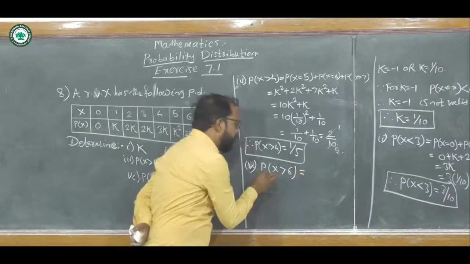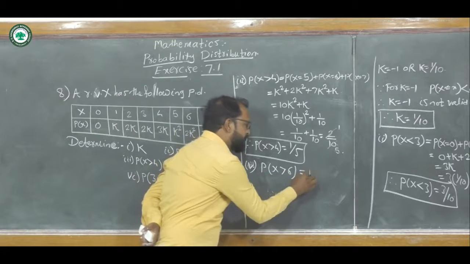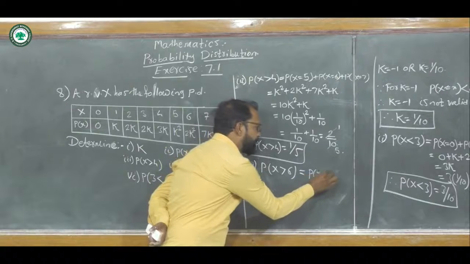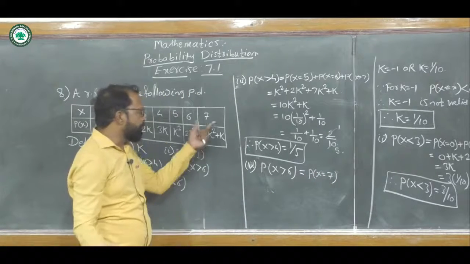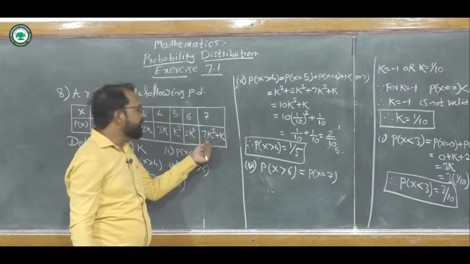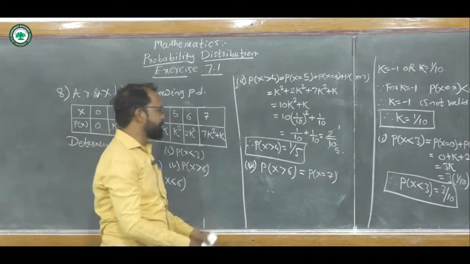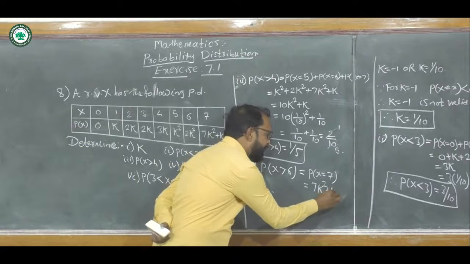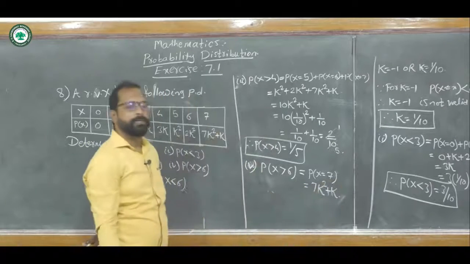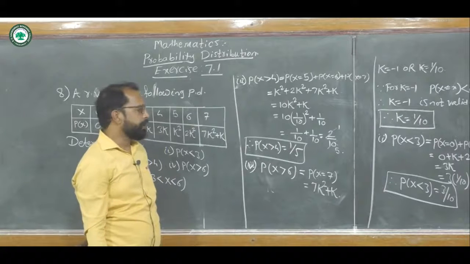So the probability of x greater than 6 is nothing but the probability of x equals 7. The value of probability of x equals 7 is 7k square plus k.